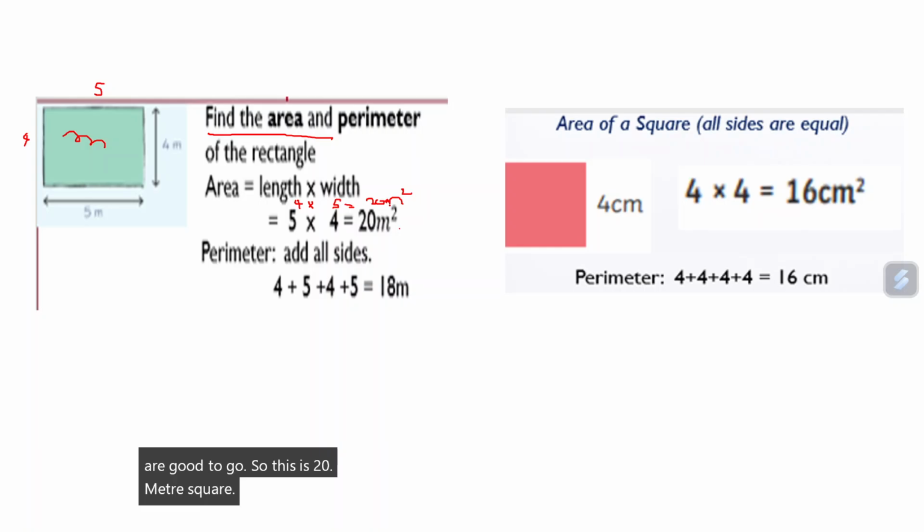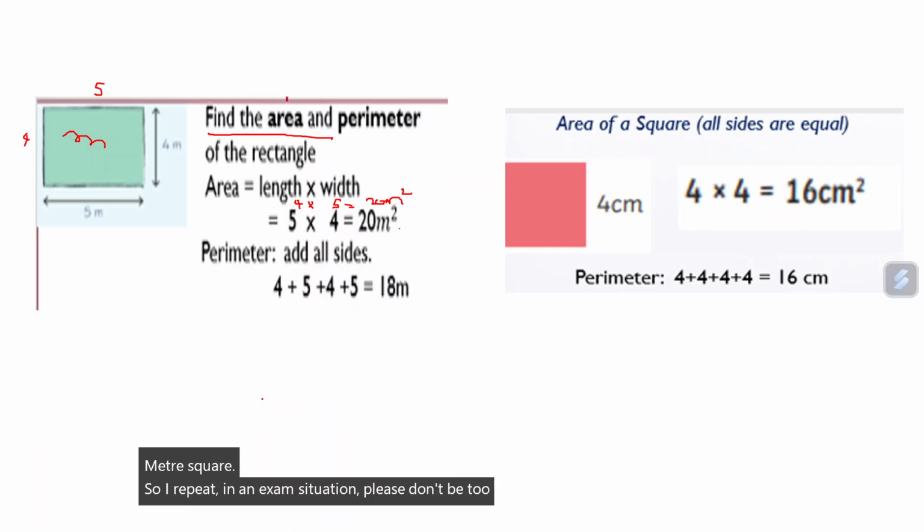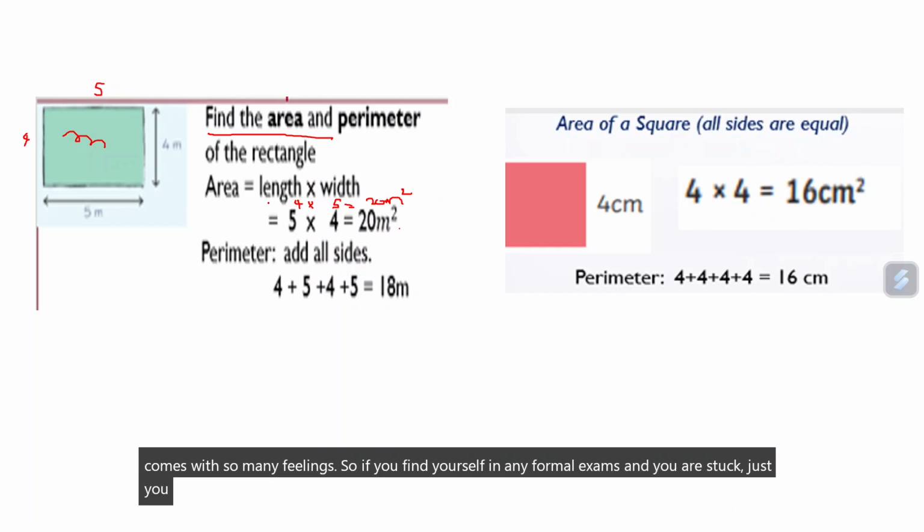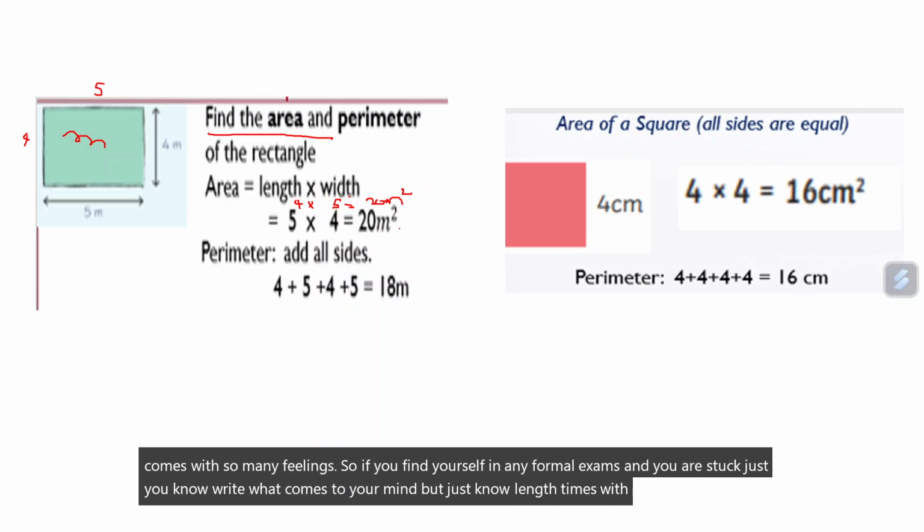I repeat, in an exam situation, please don't be too fixated. Exams come with so many feelings. So if you find yourself in any formal exam and you are stuck, just write what comes to your mind, but just know length times width. The formula for an area is length times width.